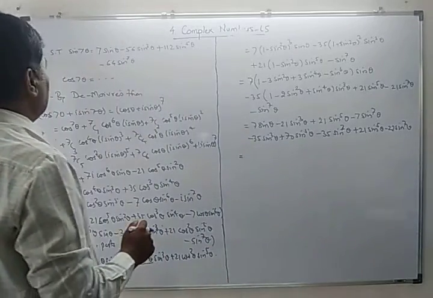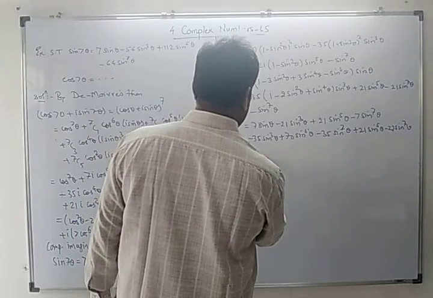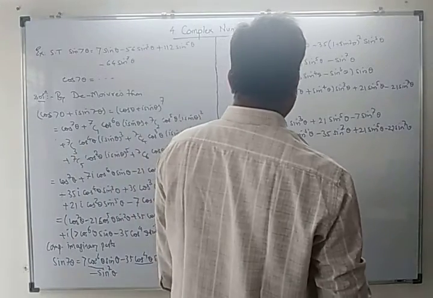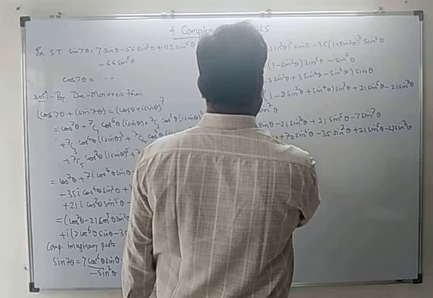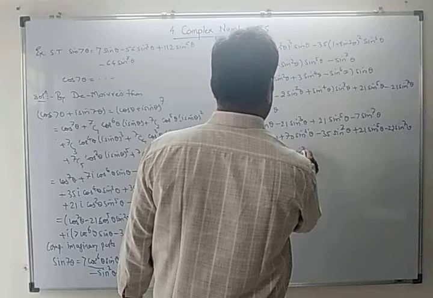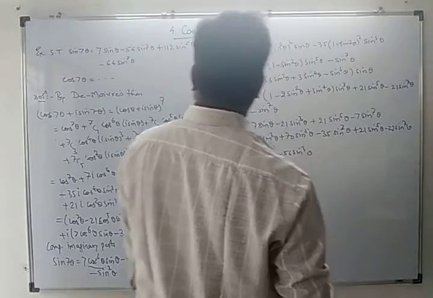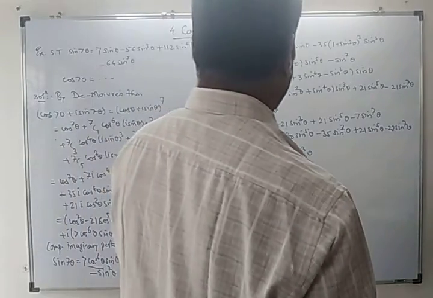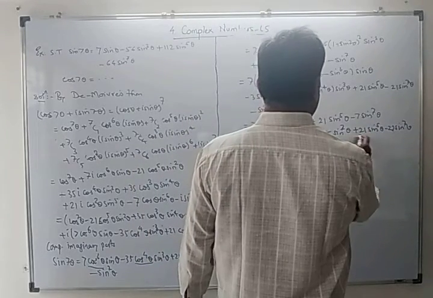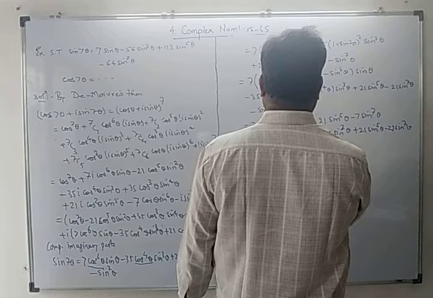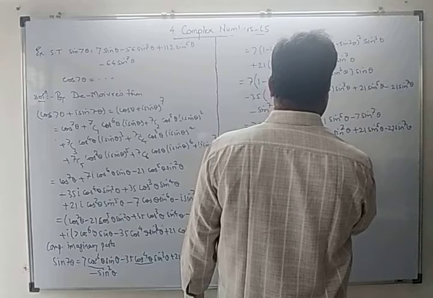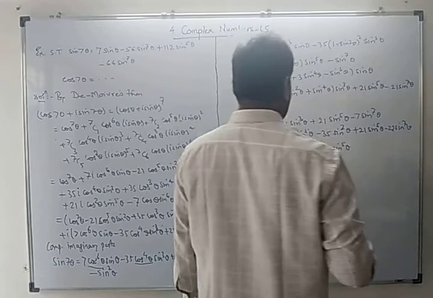So we'll get 7 sin theta. Then this is your cube, 56 sin cube theta. Then how many sin raised to 5 thetas? So 21, 21, 42. Okay, so plus 112 sin raised to 5 theta, right?